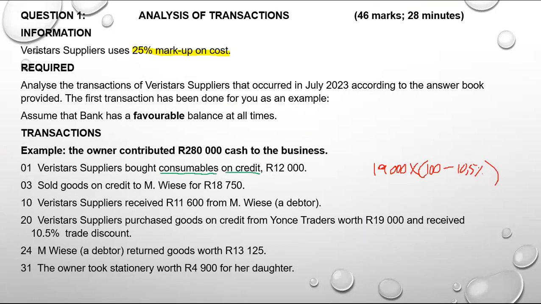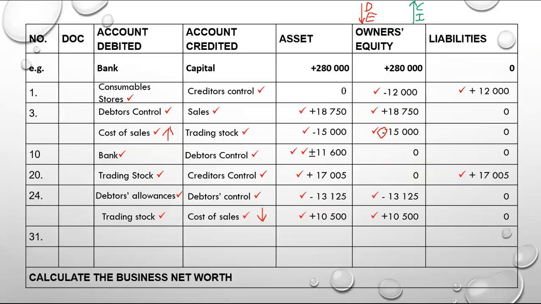It says that the owner took stationery worth 4,900. So if the owner takes anything from the business, we debit drawings and we credit whatever the owner took from the business. Both of these fall under owner's equity. Assets are not affected. Drawings will reduce owner's equity. But at the same time, because the owner took stationery, your expense is going down.